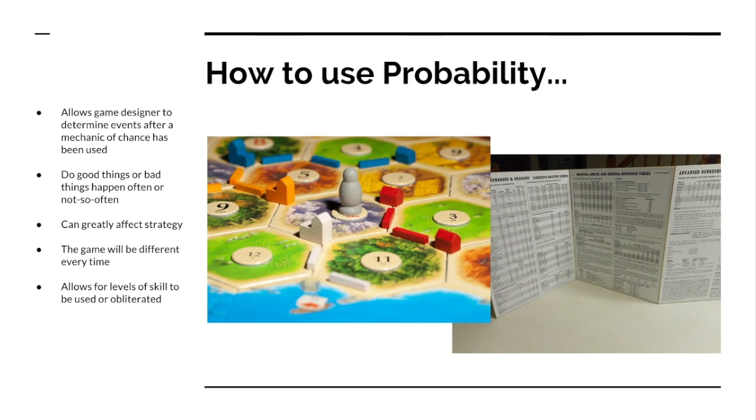And for every settlement that is touching that tile, the player that owns that settlement collects one of those resources. So you have this element of chance, the roll of the dice, but we know the probability of rolling a 3 is a lot lower than, say, if it was a 6, or an 8, or even a 9 or a 5.